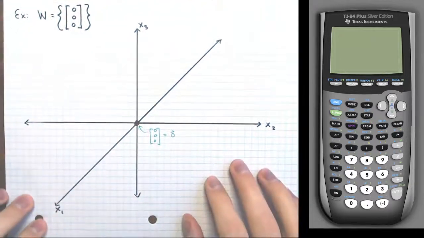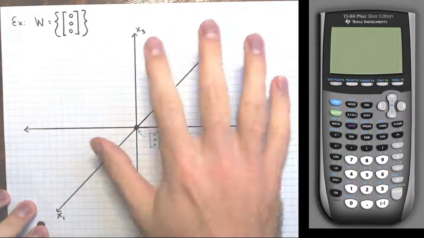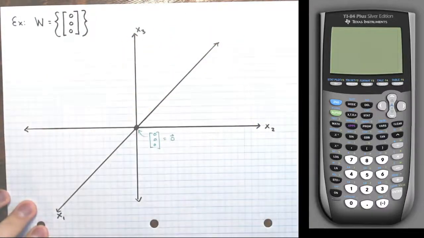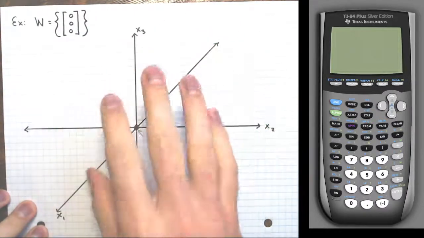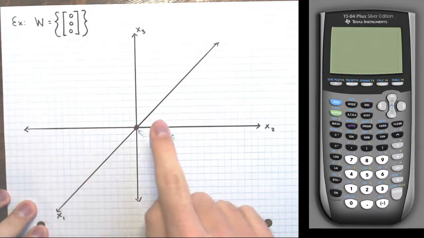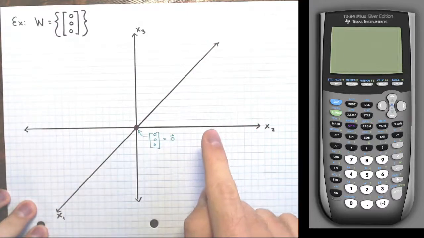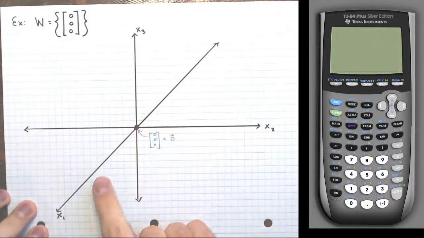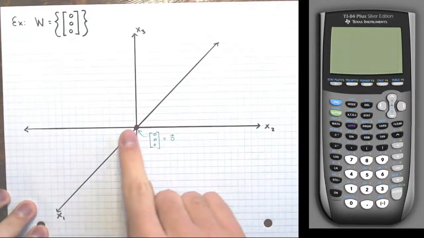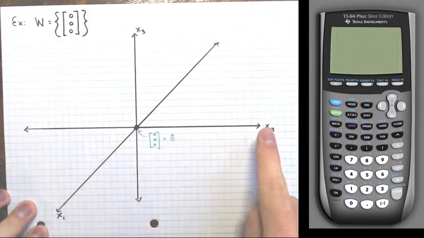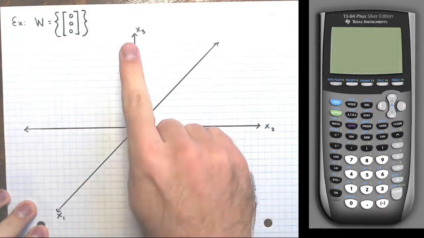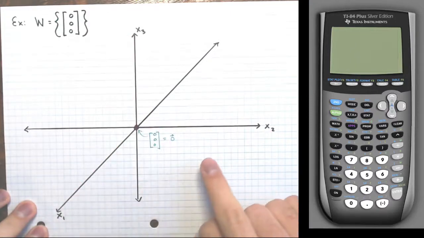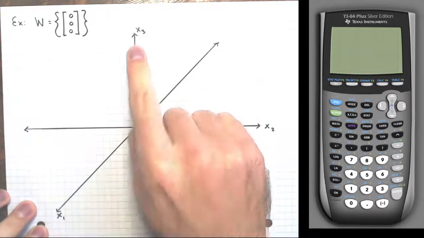All right, so this is usually, because it's very hard to picture 3D images on 2D space, you have to draw. This is my y-axis. My x-axis is the one that's on the 45-degree angle here: x1, then x2, and then x3 going straight up and down, or you could say x, y, z if you wish.